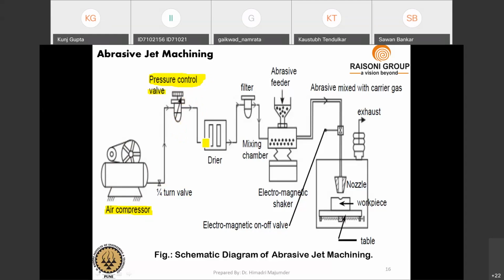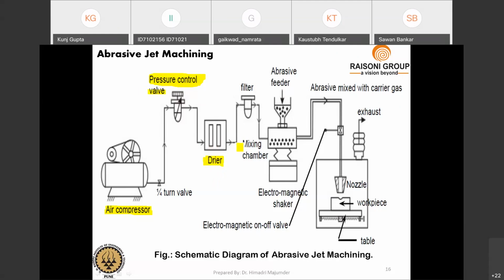After that, the next section is the dryer. What is the function of the dryer? As you can say from the name, it will dry your air. There are water contaminants, water particles in the air. In the dryer, those water particles are removed, and we get only dry air pressure.